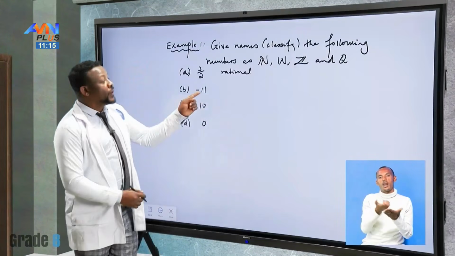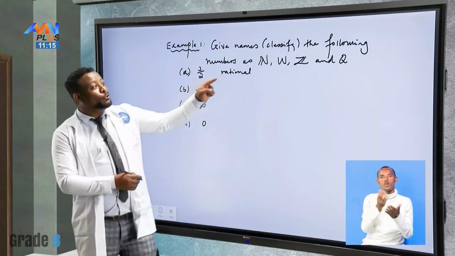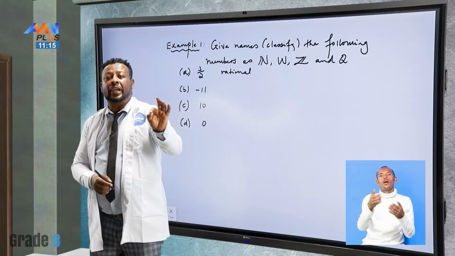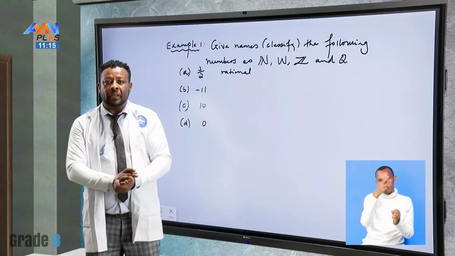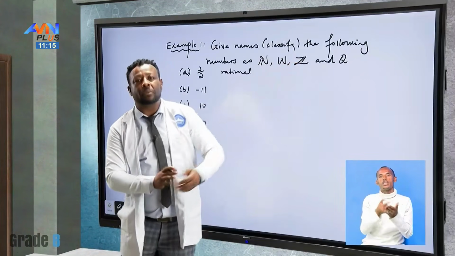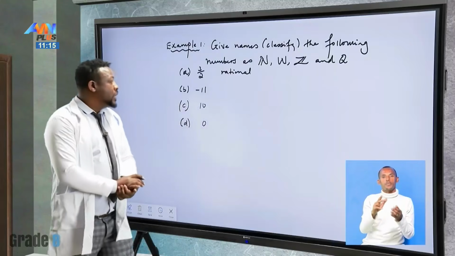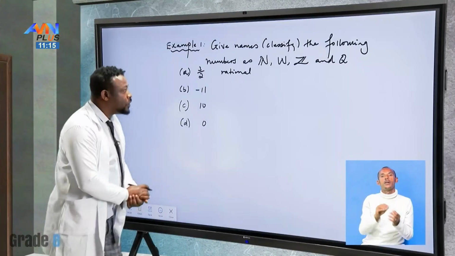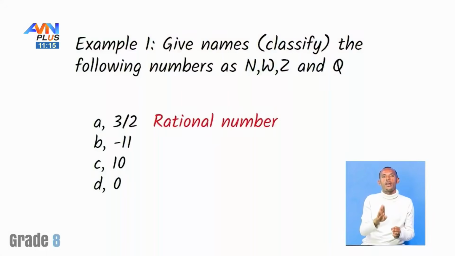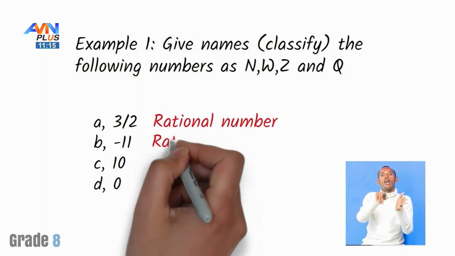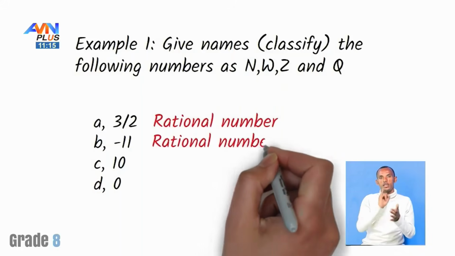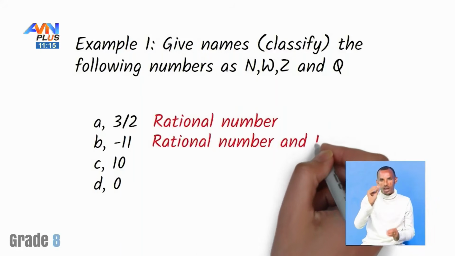It's an element of integers, and it's also an element of rational numbers. Every integer is a rational number, right? Every member of these 3 sets can be a member of rational numbers. So minus 11 can be considered as a rational number and an integer, okay? You can give the naming for this as rational number and integer, right?